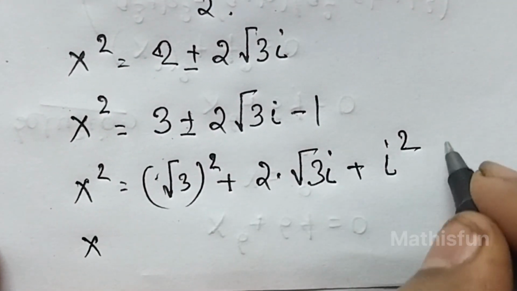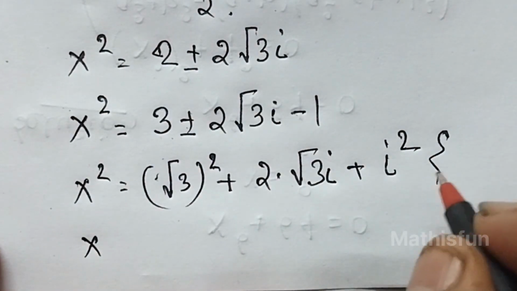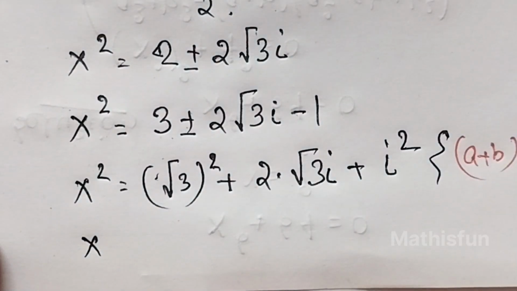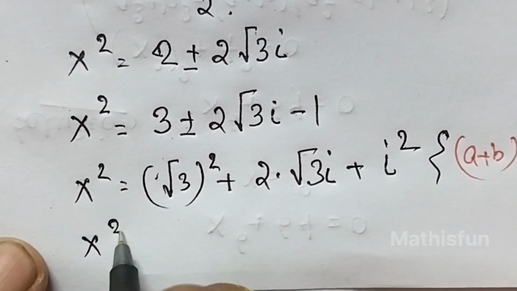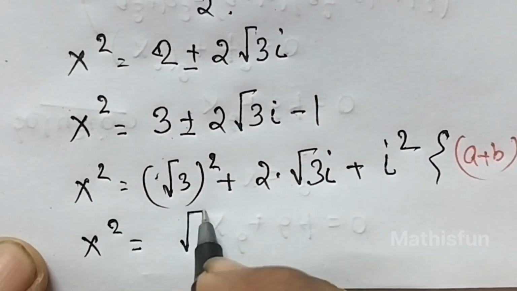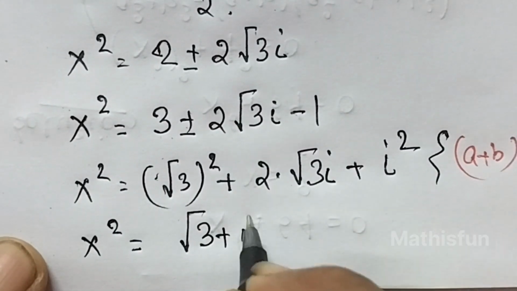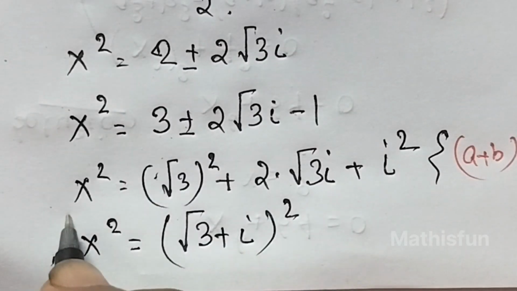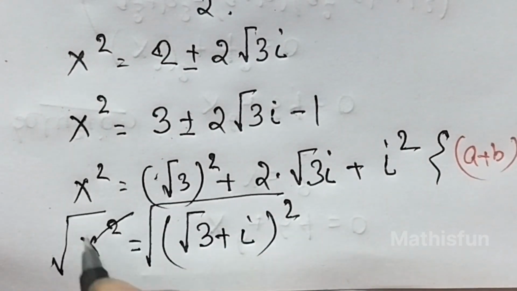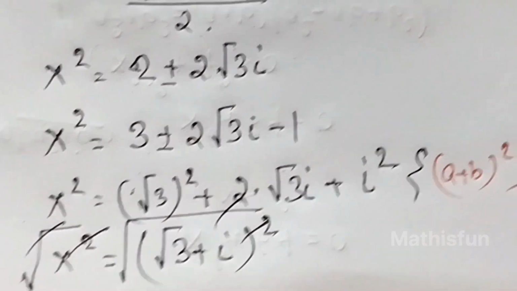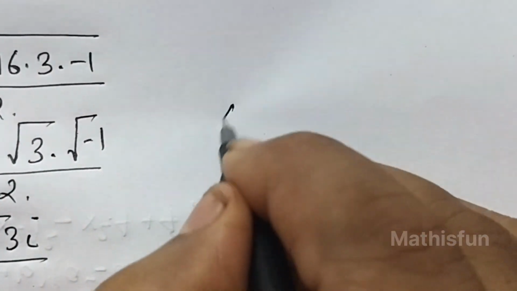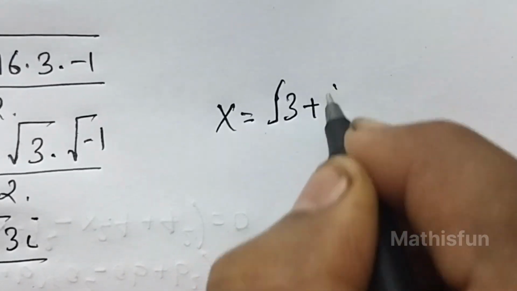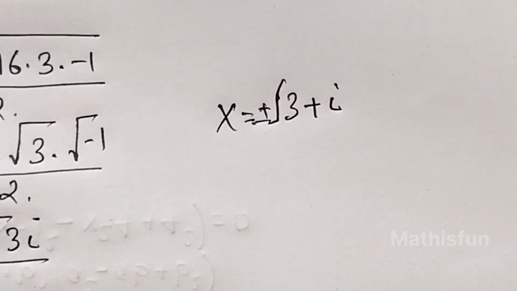So this is in the form of (a plus b) whole square. So x square is equal to (under root 3 plus i) whole square. Now taking square root on both the sides, this gets cancelled, so we are left with x equals plus minus (under root 3 plus i).